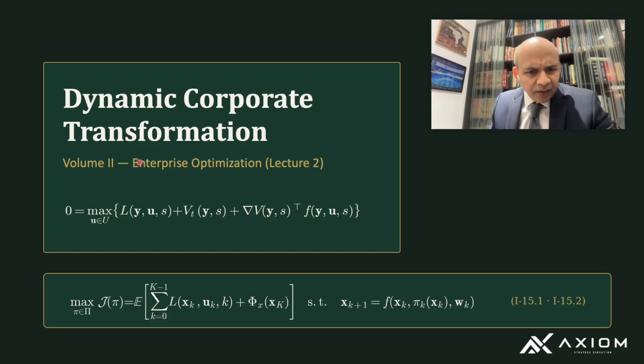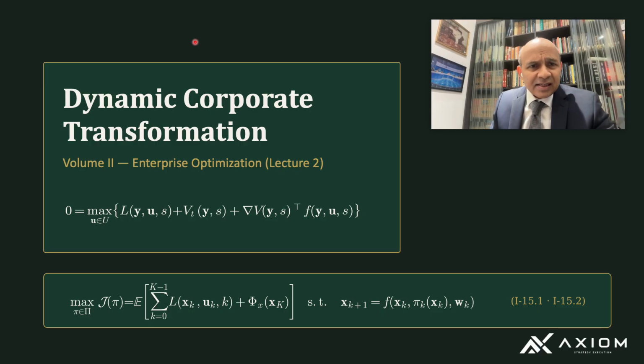So we have this Hamilton-Jacobi-Bellman (HJB) equation over here, and this is for a deterministic continuous time control problem. You can see y over here, y is the current enterprise state vector, u is the admissible management control or management decision, s is time, and then this function L of y, u, and s is the instantaneous payoff, reward, or value flow generated by taking control u in state y at time s.